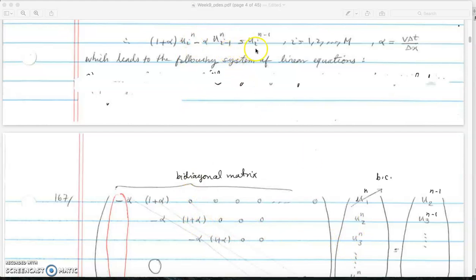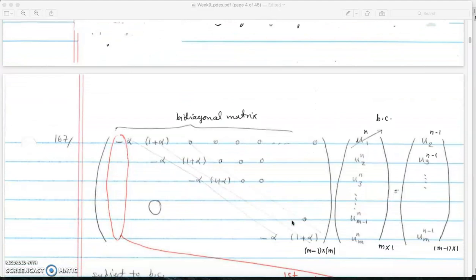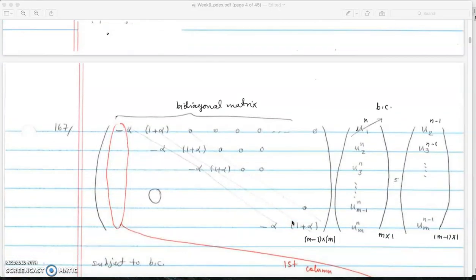And on the right side, I'm going to get u3 at time n minus 1. So you can see by just plugging i from 2 to m, you get a system like this, where you see that it is bidiagonal. So the main diagonal is 1 plus alpha throughout, and then the sub diagonal is minus alpha. Everything else is 0. That's what we call bidiagonal.